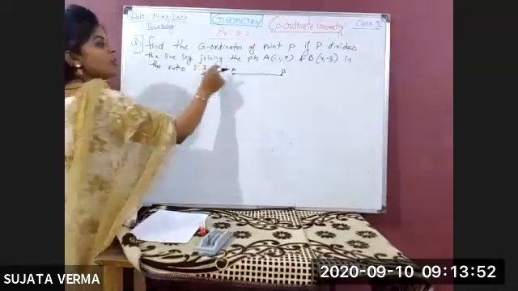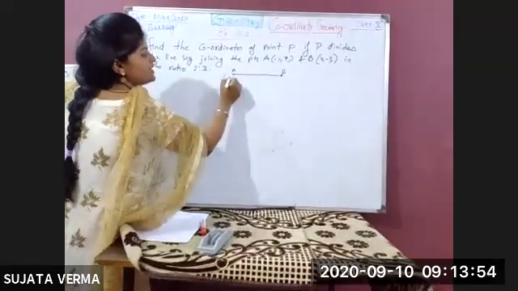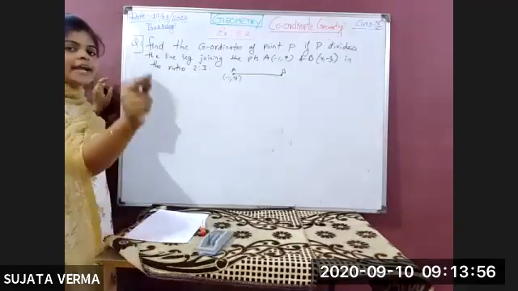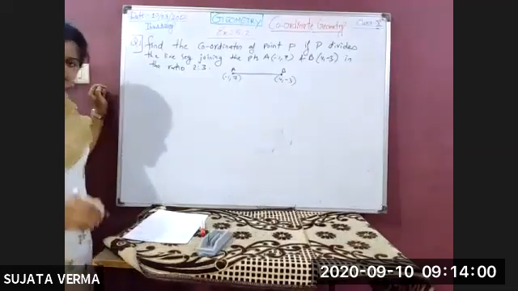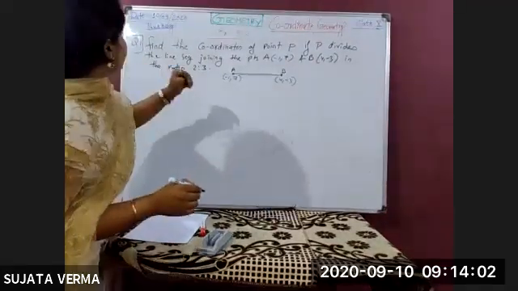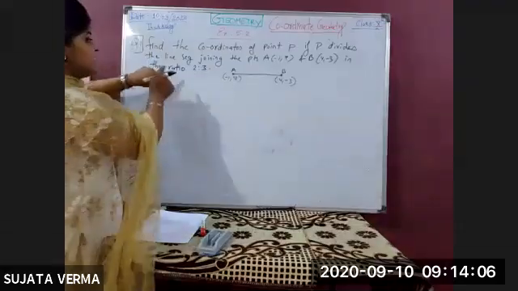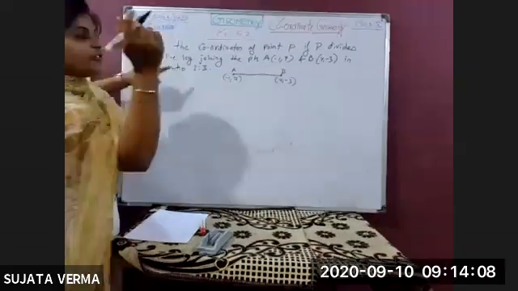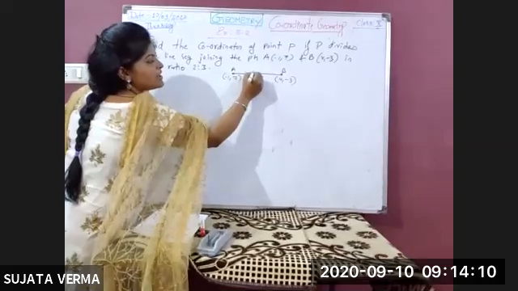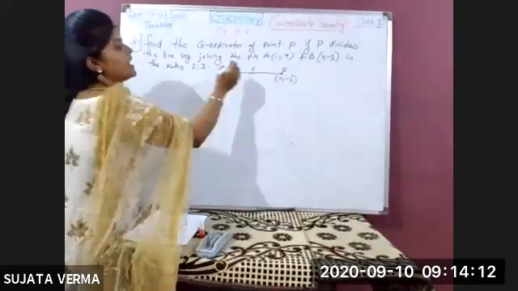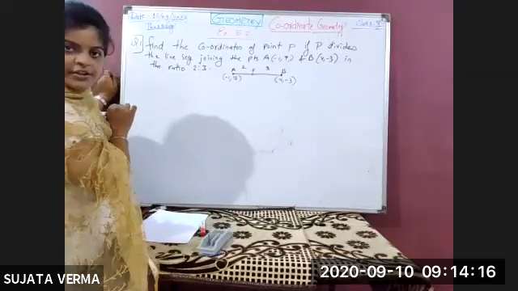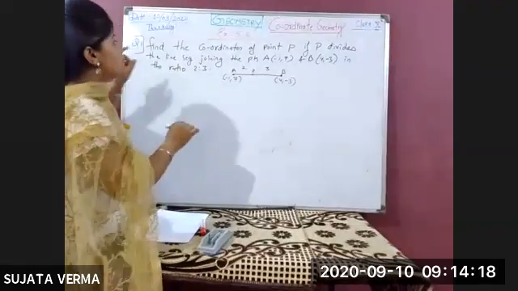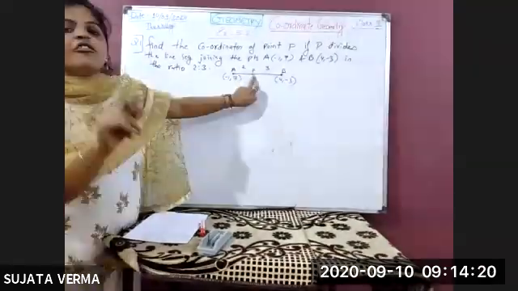The coordinates of A are (-1, 7) and the coordinates of B are (4, -3). P is the point which divides the line segment in the ratio 2:3.